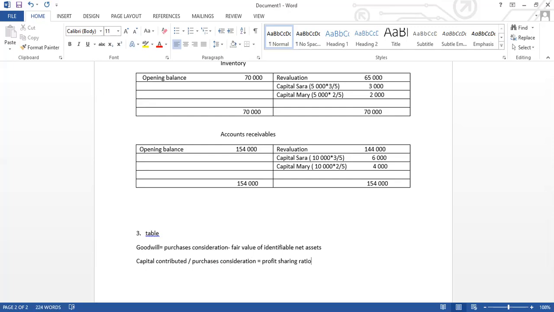That is the formula that I use to calculate my purchase consideration.